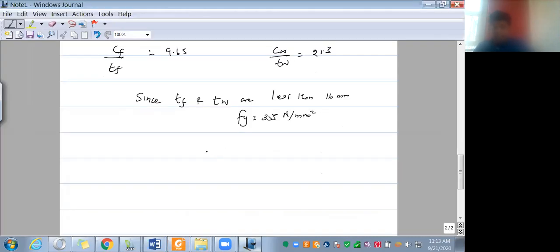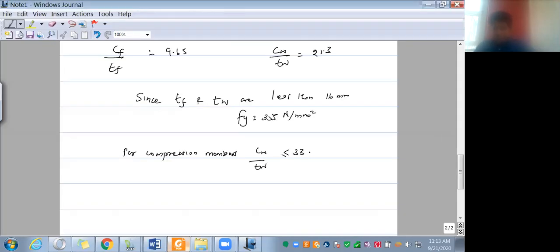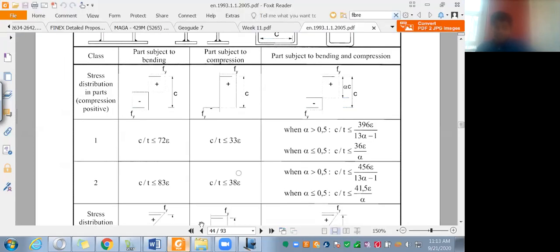So for compression members, Cw over tw less than or equal to 33 epsilon means it is class 1. And if it is less than or equal to 38 epsilon, it means class 2.